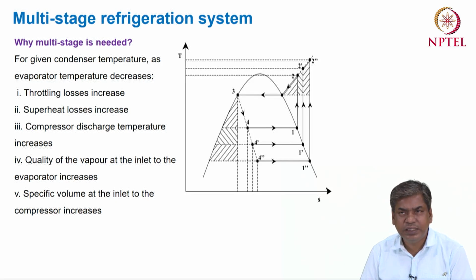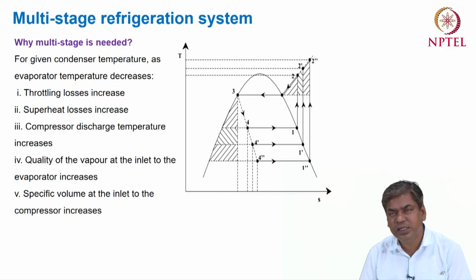That marked area basically represents the throttling loss. And you can see that if we decrease the evaporator temperature from 4 to 4 double dash, the throttling loss of the system will increase.